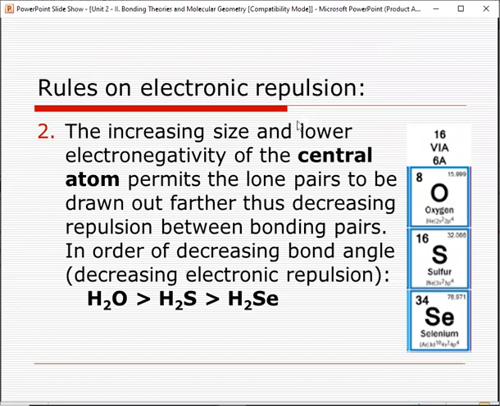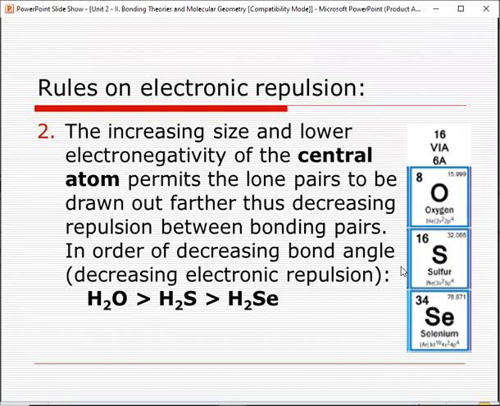Next, the increasing size and lower electronegativity of the central atom permits the lone pairs to be drawn out farther, thus decreasing repulsion between bonding pairs. So in order, for example, for O, S, and selenium, their electronic repulsion decreases.